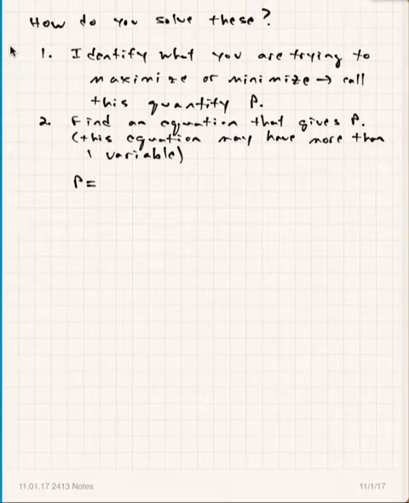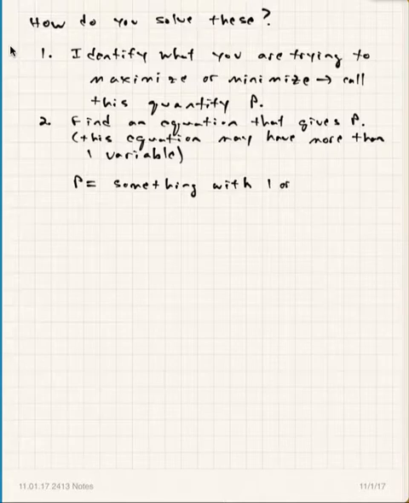So P equals some quantity, something with one or more variables. It's possible you may start out with P being equal just to something with one variable in it, but it's also possible that it may be a function of several variables.